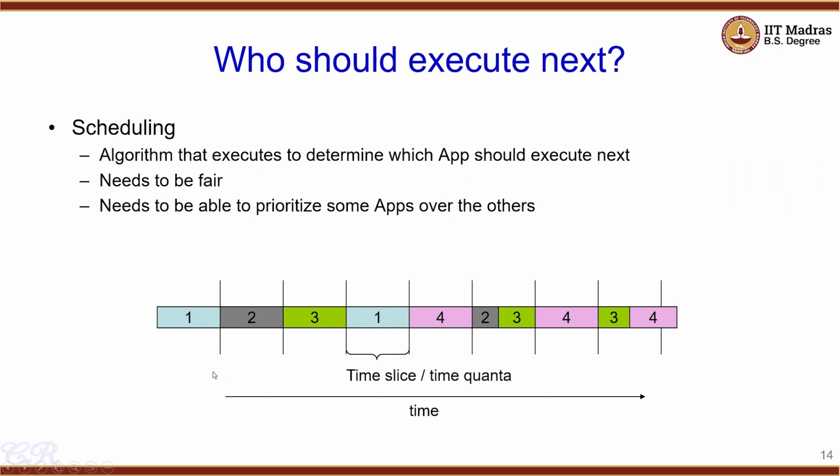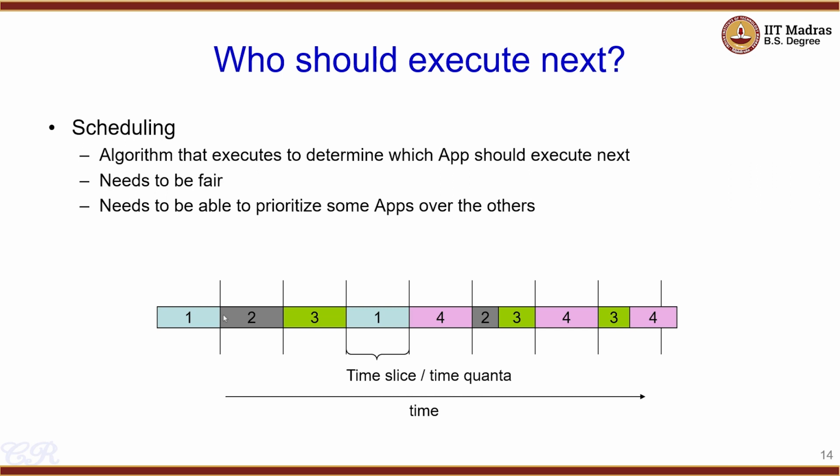So let me repeat that: the operating system needs to find an efficient way to schedule applications on the system. So, what could essentially go wrong over here? The scheduling algorithm should support various properties, like for instance, it should be fair to various applications. It should not result in starvation. It should be able to prioritize some applications over the others.